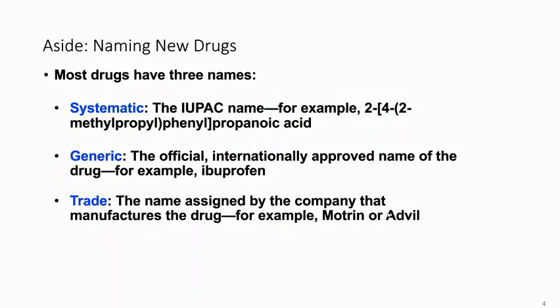Then there's a generic brand, like ibuprofen would be our generic name, and then Motrin or Advil, they have done something that they're saying, this is the same compound, but I crystallized it differently, or I made it a certain way, so they have their trade name. But the systematic name, if we follow the IUPAC naming, everyone in the world will name it the same way, and we know what the structure is based on the name.